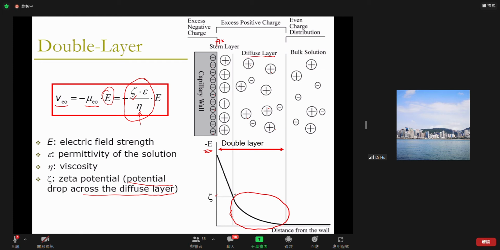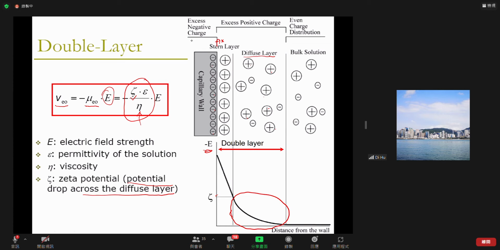So if you're having a higher pH, for example, if you increase the buffer solution pH from 5 to 9, what happens? If you increase the pH, first, what will be increased? There will be more charged negative sites on the capillary wall, right?